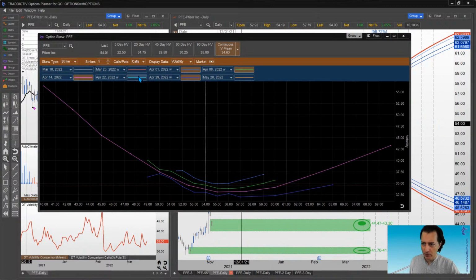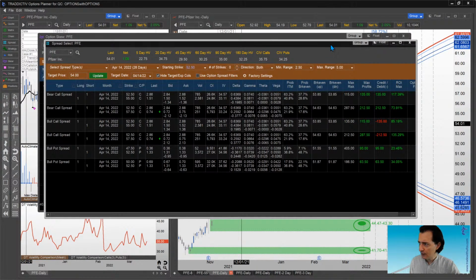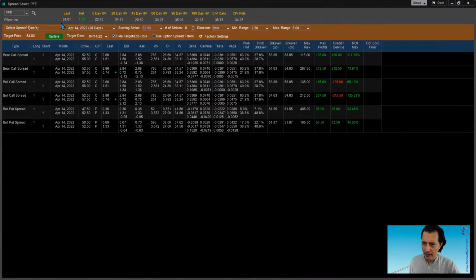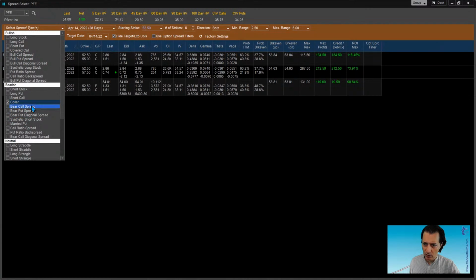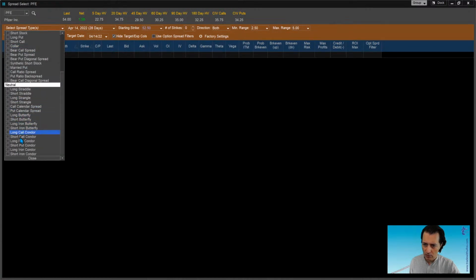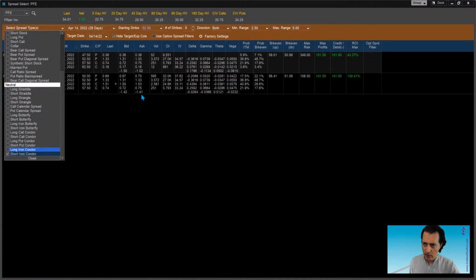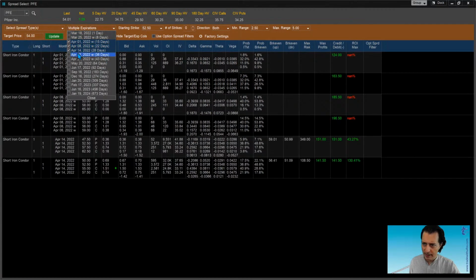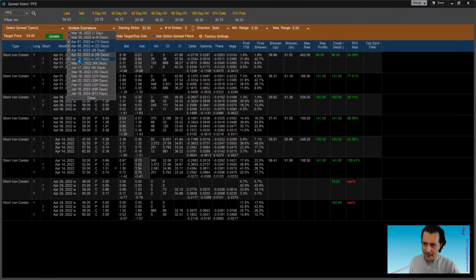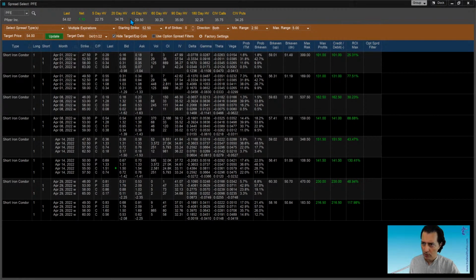Okay, and therefore I'm going to focus on 4 different expiration dates. Let me load the spread builder. I'm going to float it. We are looking at building a short iron condor. Here we go. We are looking at April 1, 8, 14, and 29. We skip 22.